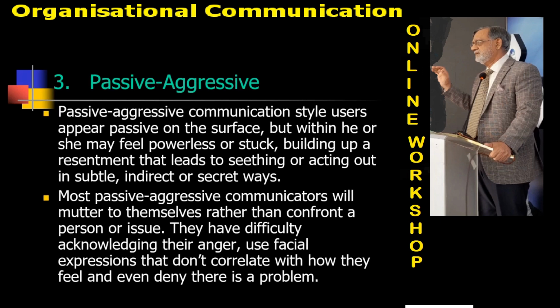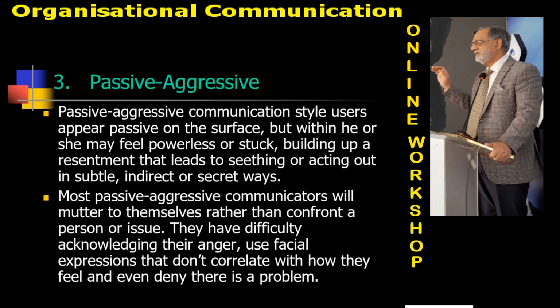Then another style is passive aggressive. The aggressive style is you may be repeating, you may be shouting, you may be using vocal communication. But passive aggressive is that somebody is keeping mum, keeping quiet, and still his facial gestures, his looks, show the annoyance on the face.